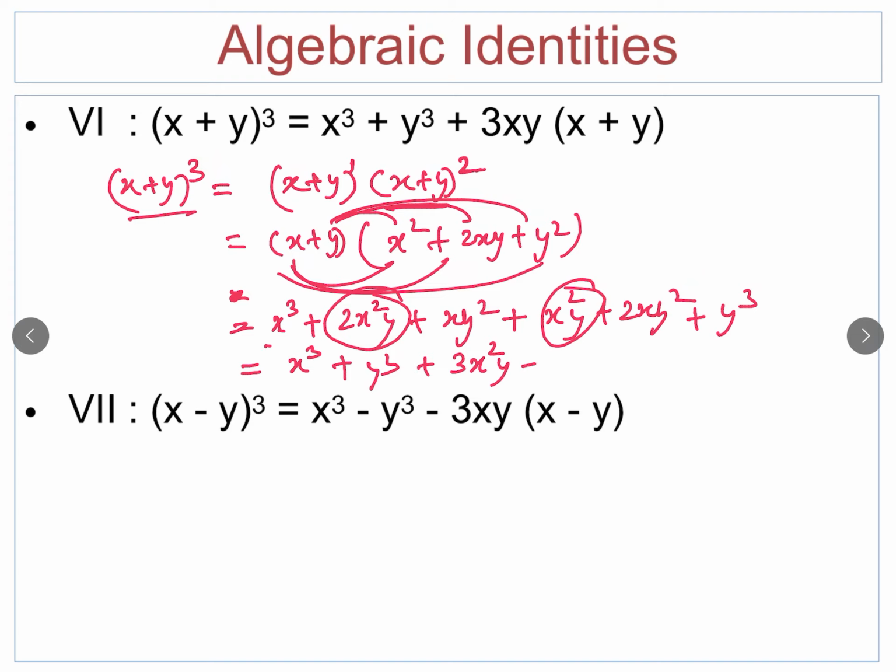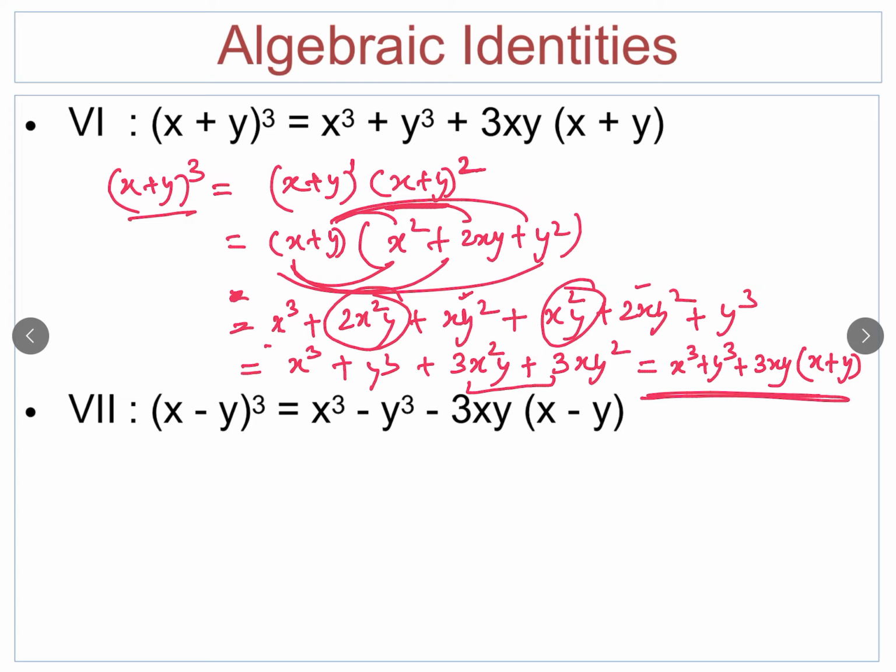Then the remaining is xy square and 2xy square, so this will be again 3xy square. Now from these two we can take 3xy common, so we'll remain with x plus y, and this is identity number 6.